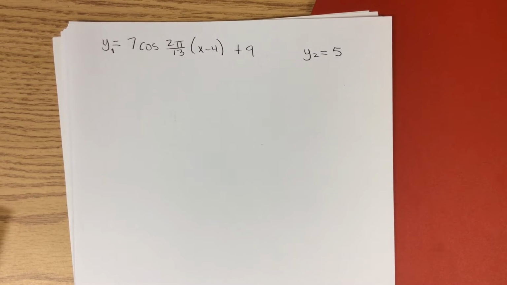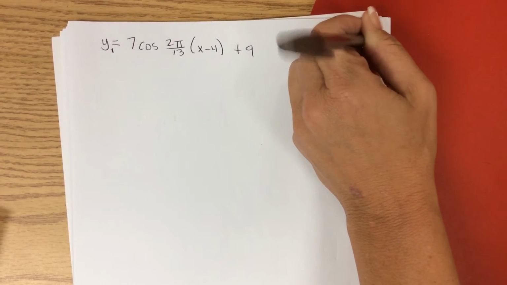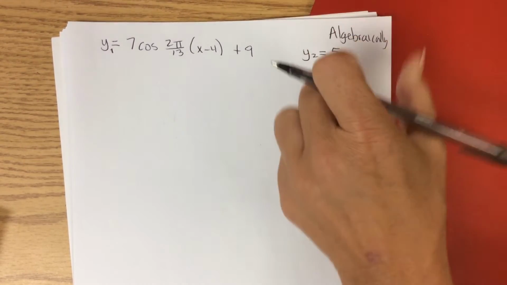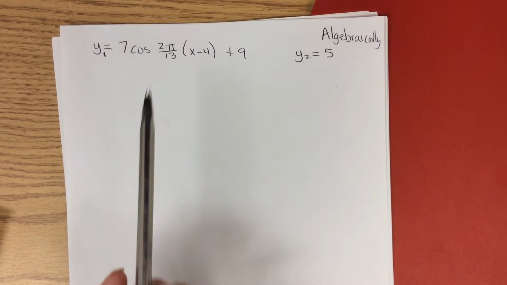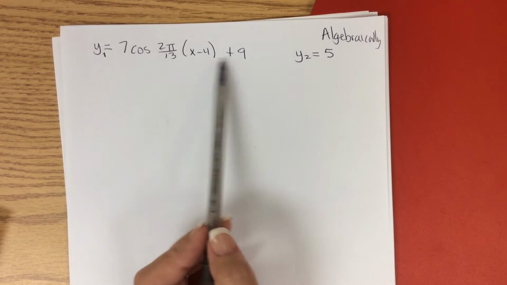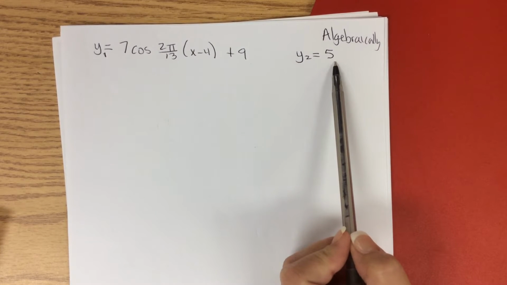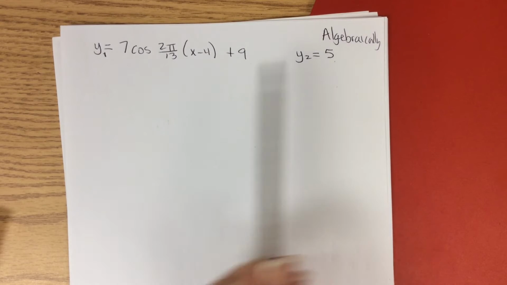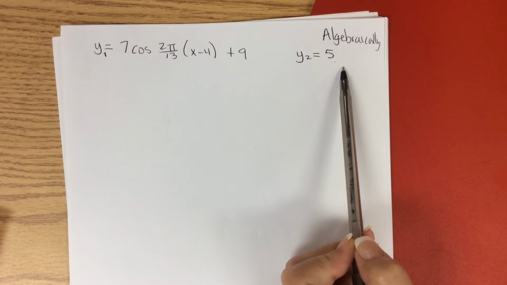So we are going to learn right now how to algebraically solve this equation, which basically means that we're taking this function and setting it equal to 5. Does that make sense that that's what we're doing? We're taking this function and setting it equal to 5.